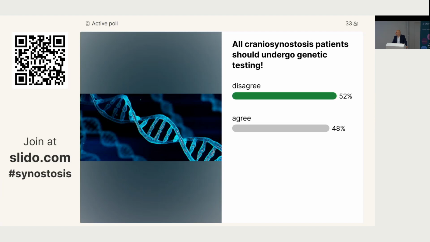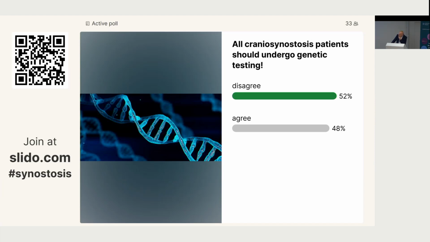In sagittal synostosis, when we looked at the neurology, there was only 1 patient who eventually was found to have a genetic abnormality. Now, we haven't tested the others, but they're not sick. They're doing well. So I don't see any reason for 1 in 200 or 300. I don't see any reason to screen everybody.